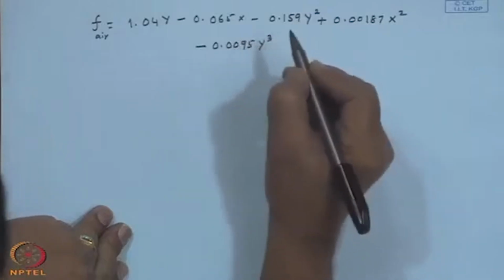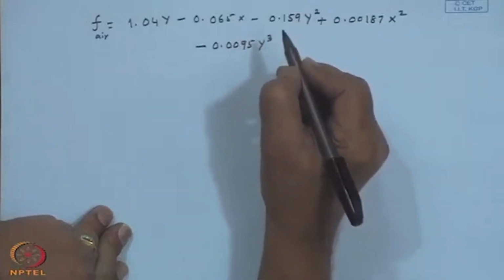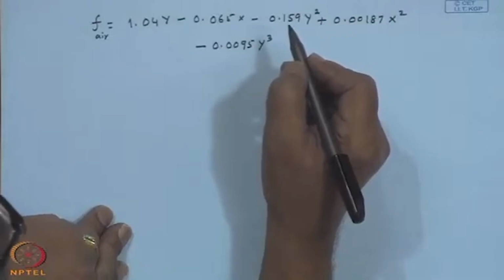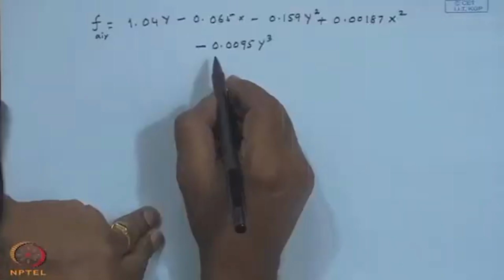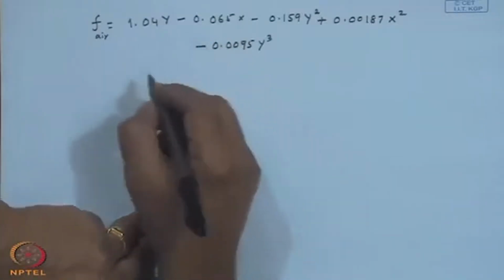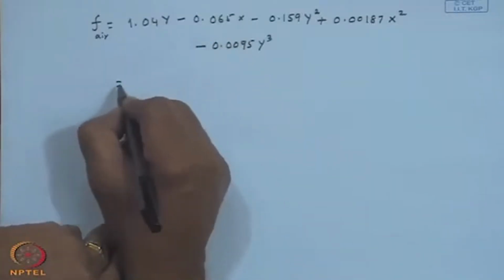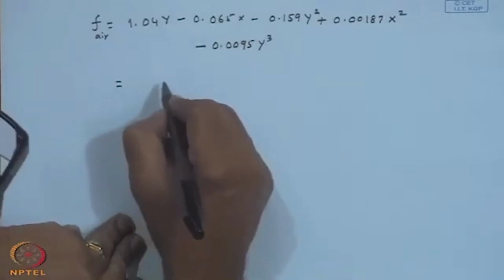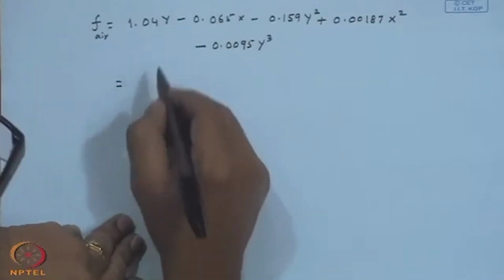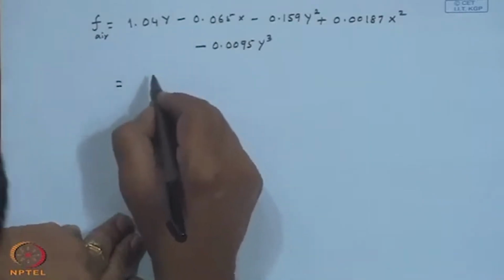The major difference to be tackled or understood is whether an equivalent cost air based collector will have same FRUL and FR tau alpha as that of the liquid based collector. So, in general they are little poorer, but given that they are the same, now we will come out with this F air with these values of 0.495 for y and 1.86 for x.